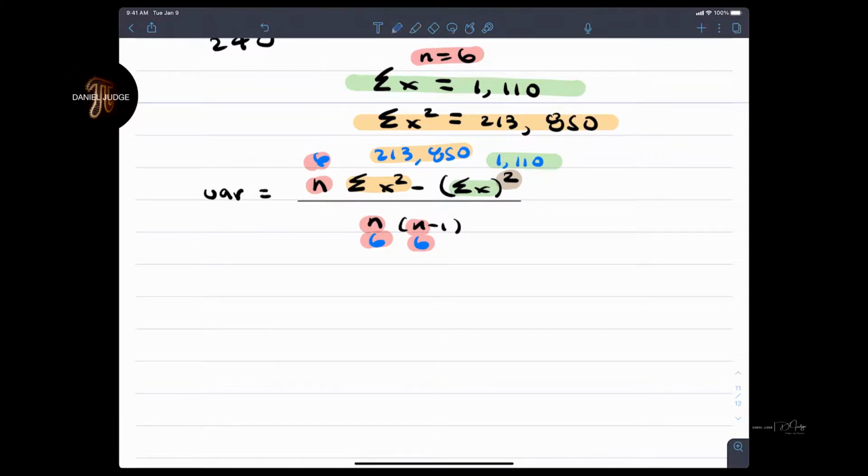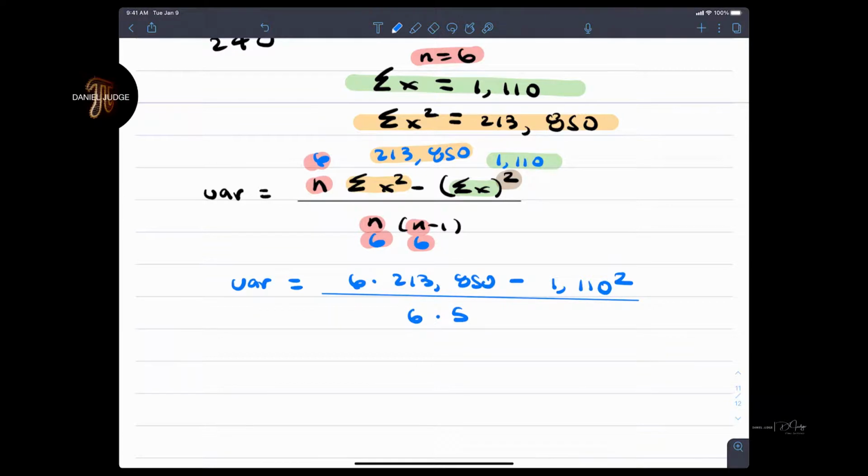Okay, so what I do personally, I will always write down variance equals 6 times 213,850 minus 1,110 to the second power, over 6 times. Now I'll do some arithmetic here.